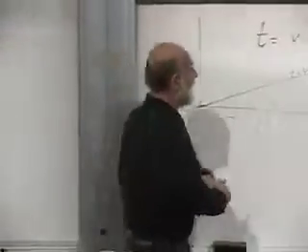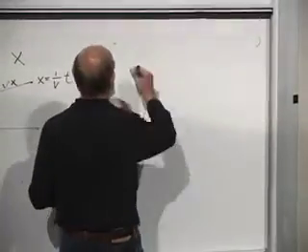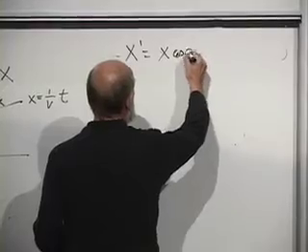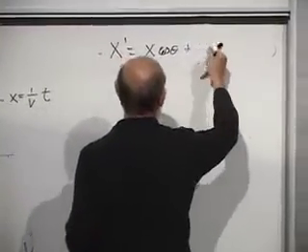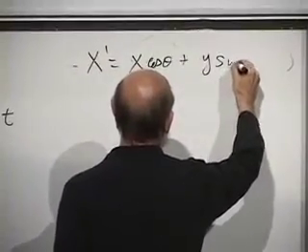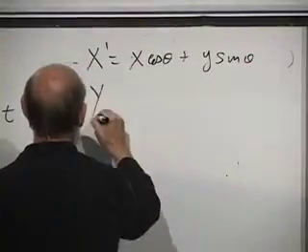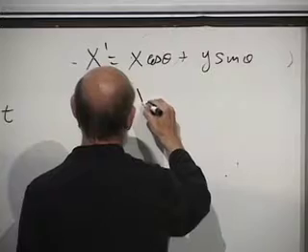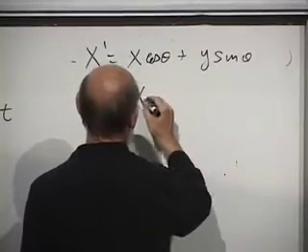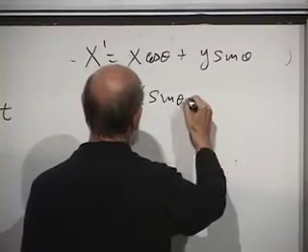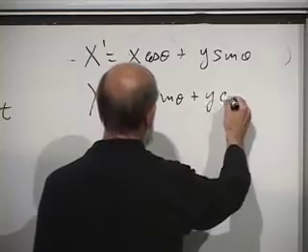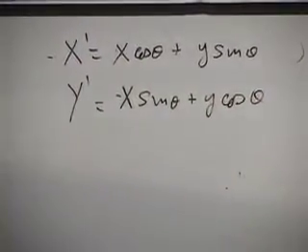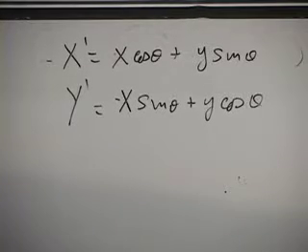Supposing I have a relationship like x prime is equal to x cosine theta plus y sine theta, and y prime is equal to minus x sine theta plus y cosine theta. And supposing I want to solve for x and y in terms of x prime and y prime, you know what the solution is?